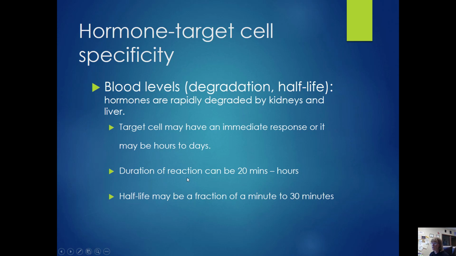The duration of the reaction in the presence of the hormone may be between 20 minutes to hours long because of the half-life. So some hormones do not last very long within the bloodstream. Epinephrine is our shortest one. Thyroid hormone, T4, can actually last several days, and then once it's not bound anymore, it's going to take a while for either the liver or the kidney to clear that out of the bloodstream.